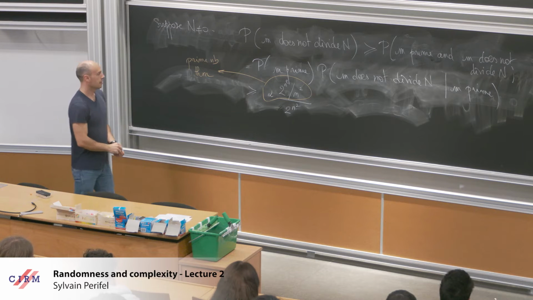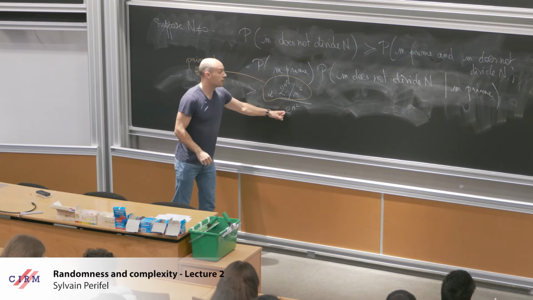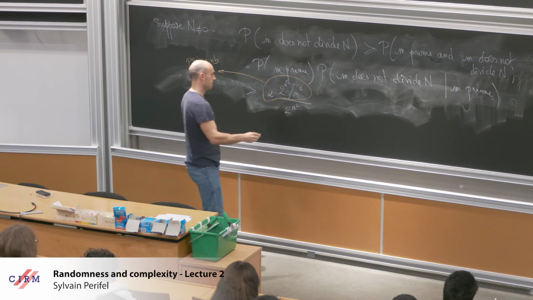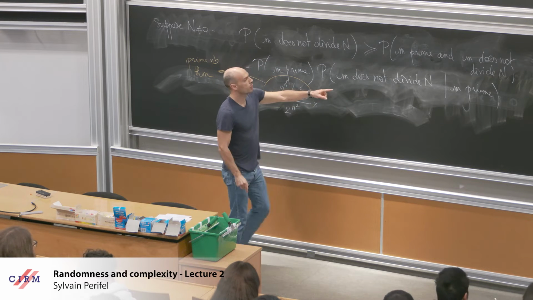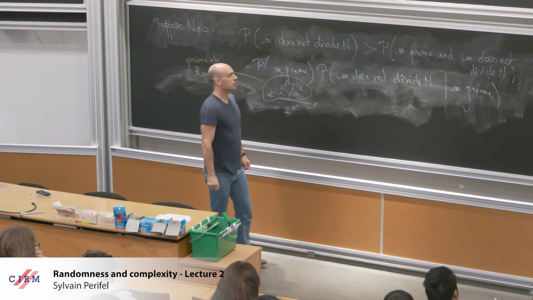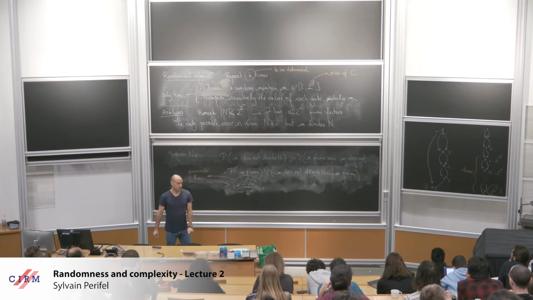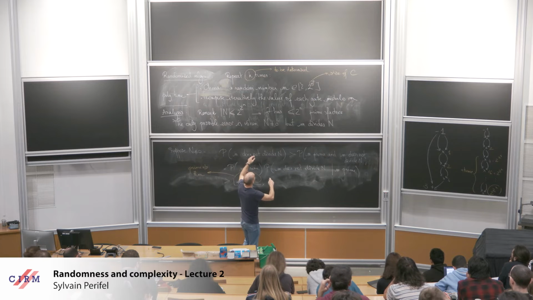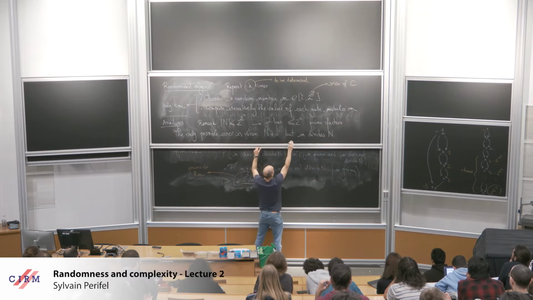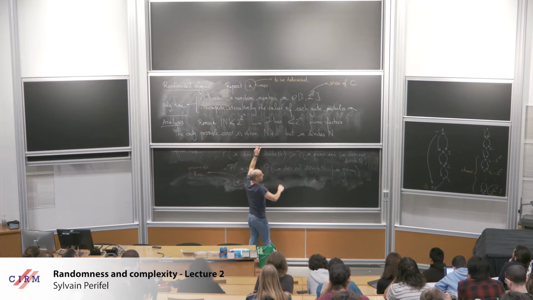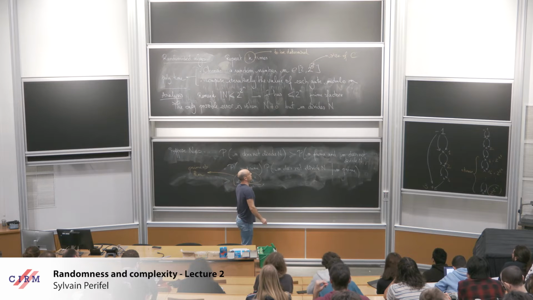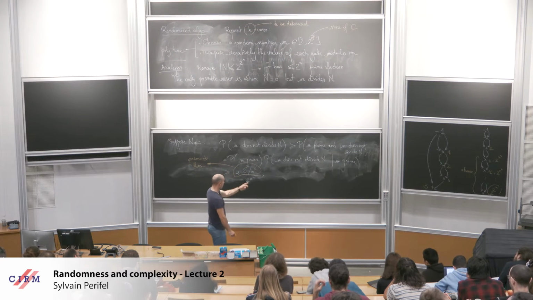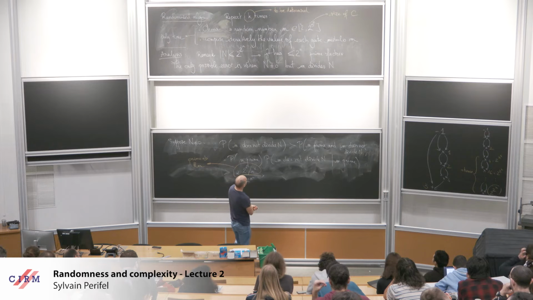Right, and this is the total number of elements of the interval, times the probability that when m is prime, m does not divide capital N. Okay, and now this probability can be bounded using this property here. So what is this probability now?